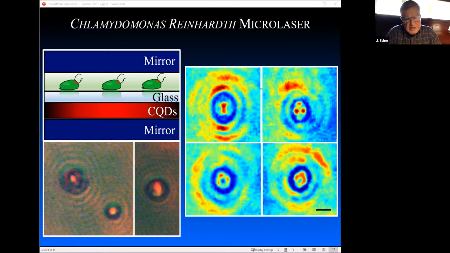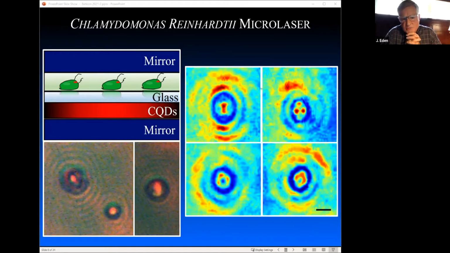In other words, those green algae cells that you see at upper left, and they actually do have antennae coming out. So that's why we drew them that way. They can actually serve as a small lens. It turns out that these cells are about 10 microns in diameter, but they're fairly flat. So they look very much like a lens. So in fact, it works.